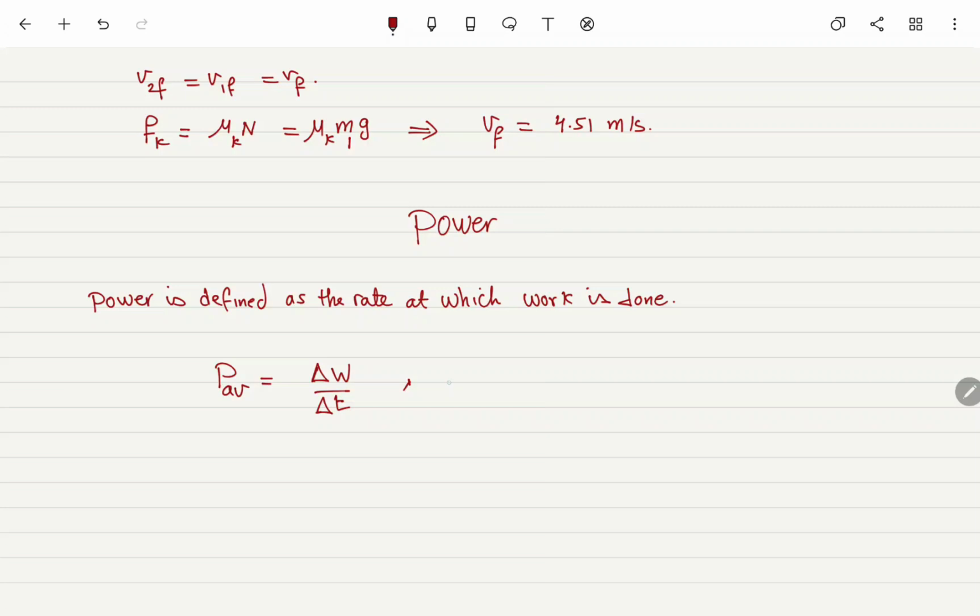If F is constant, then power equals F dot delta r over delta t, and remember delta r over delta t is v, so you simplify it into F dot v.